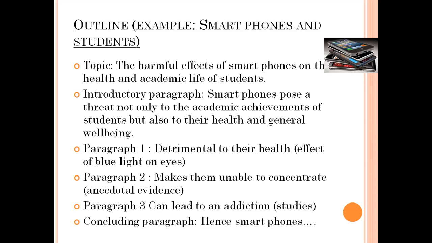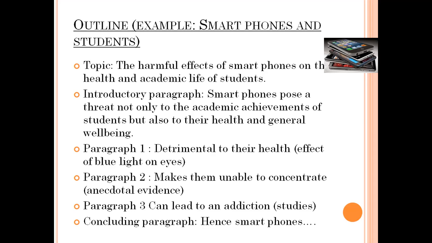Right. So the first paragraph will deal with health, right? Detrimental to their health. Then you can talk about the blue light and how it affects the eyes and how it creates all sorts of health problems, leads to other health problems. All of that can be discussed in paragraph one, right?